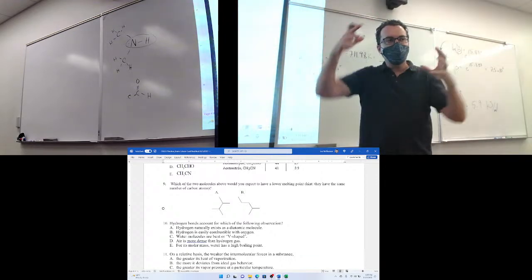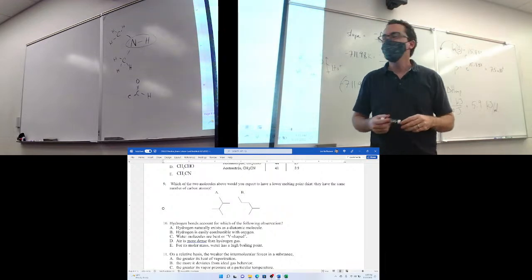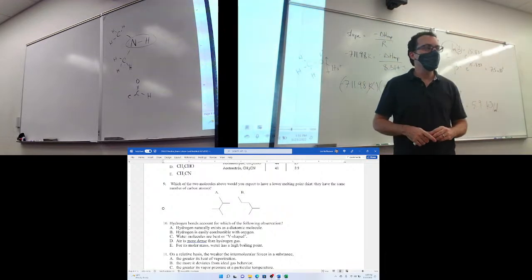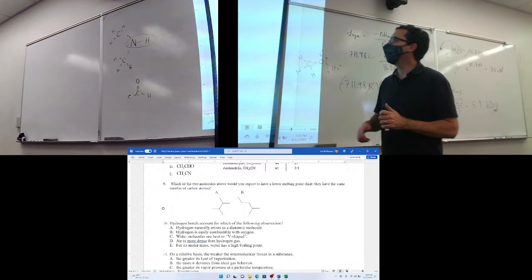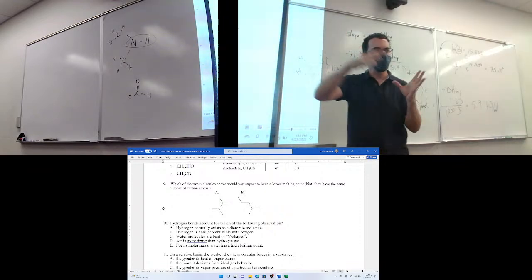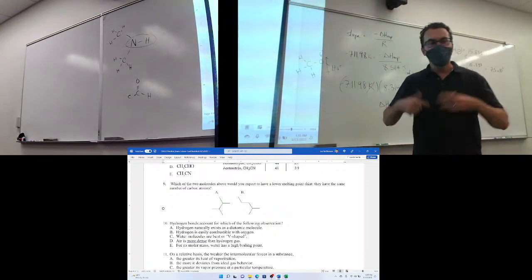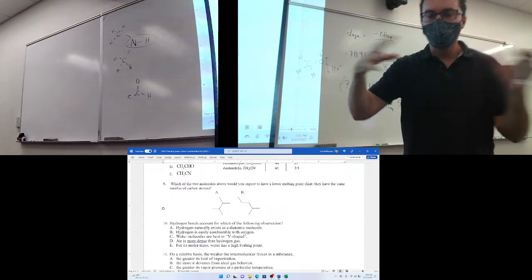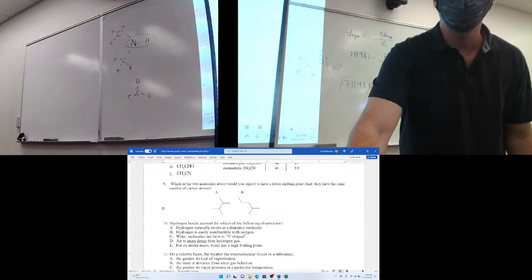The more branched it is, the more compact it's going to be, and so the fewer interactions it can have, and so the lower the boiling point or melting point. So this one's going to have the lower melting point since it's more branched, more compact. For the same number of carbons, it's a more compact surface area than a volume.